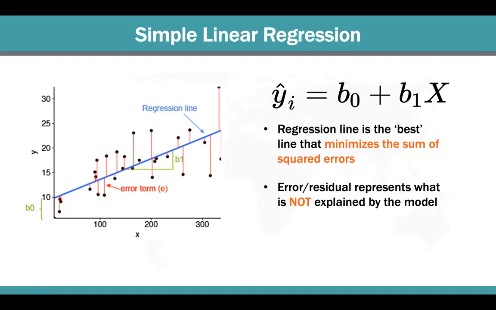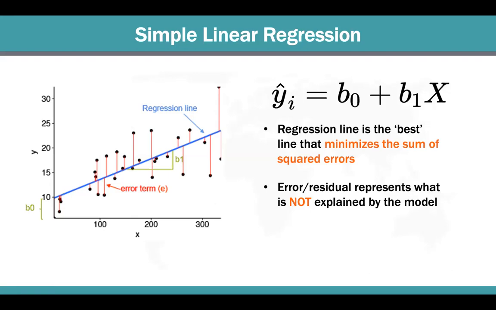The most common method to fit a regression line is the method of least squares. This method finds the line that minimizes the variation or error around the regression line. In other words, it finds the best line that minimizes the sum of squared differences between each actual observed y value and the predicted y value.